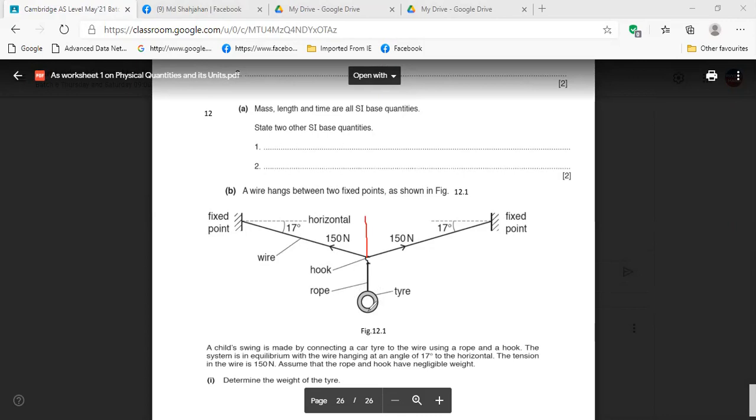This tire has some weight, and that weight is balanced with an opposite force, right? One opposite resultant force is balancing this tire. Otherwise, it will drop down, right? It cannot stay here.